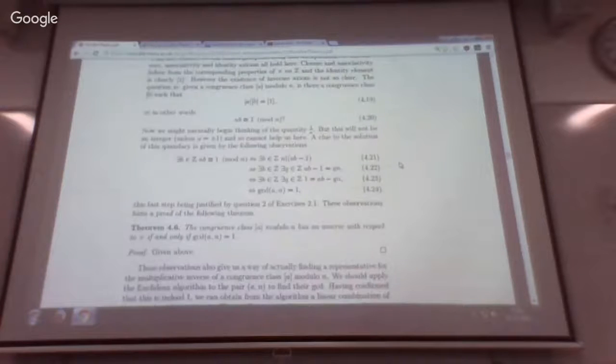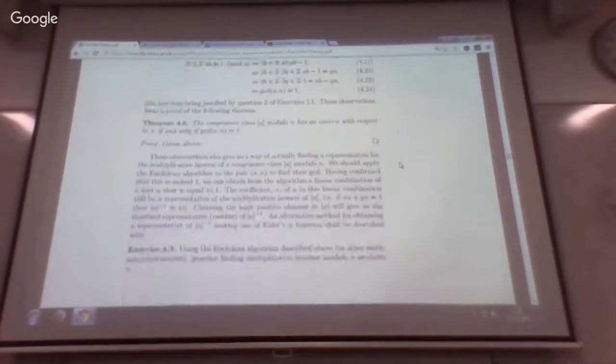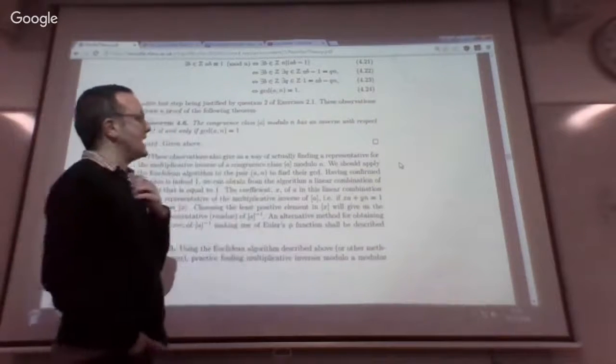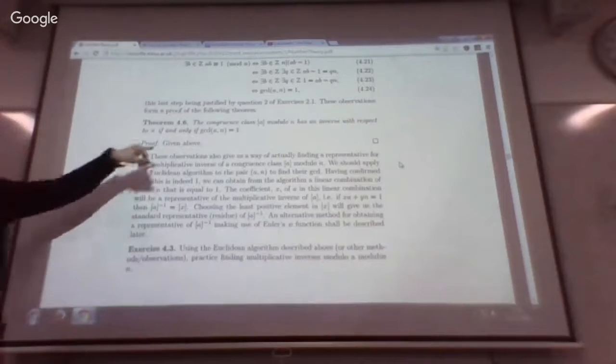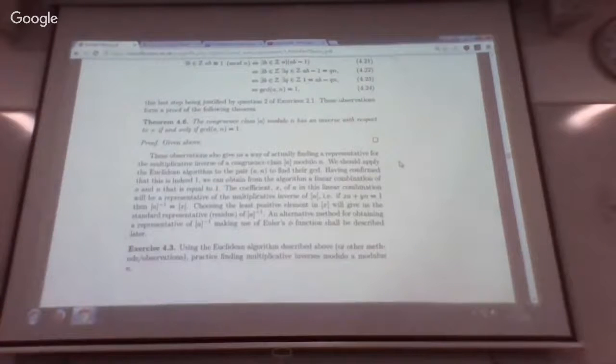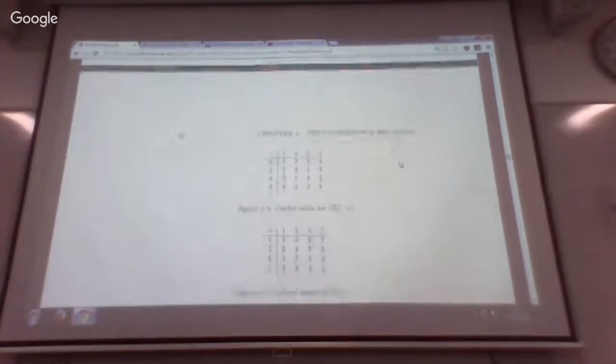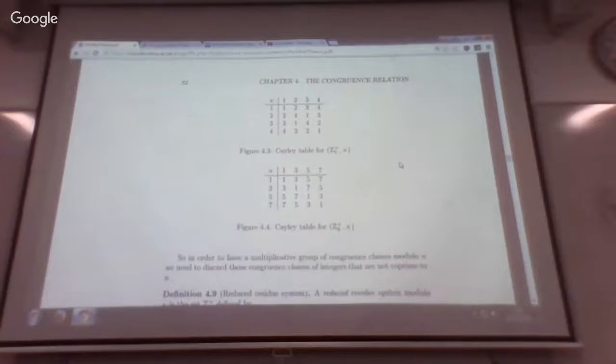However, we proved yesterday that not all of the elements will necessarily have an inverse modulo n. In theorem 4.6, we said the congruence class a modulo n has an inverse if and only if it is coprime to n. Okay? So all the ones that aren't coprime to n, we have to chuck them out in order to have a group, a nice multiplicative system.